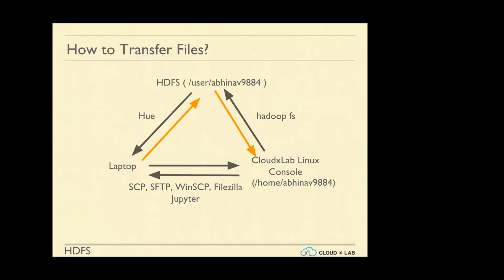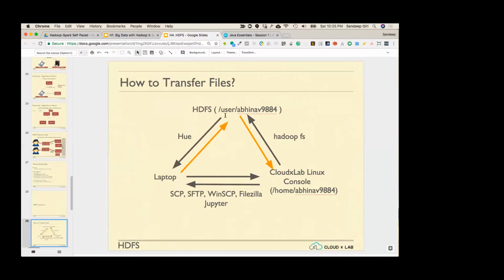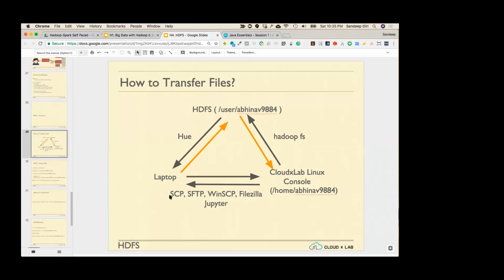So this we have already discussed. Let's say I would like to upload a file. The only things we are going to do are upload the file, change the replication factor, and take a look at the data blocks. These are the three things that we are going to do.